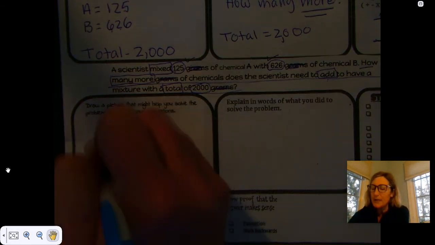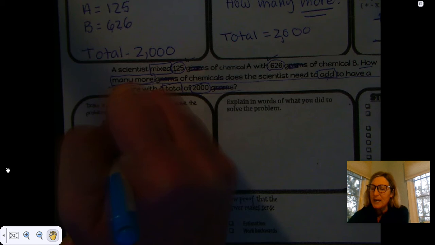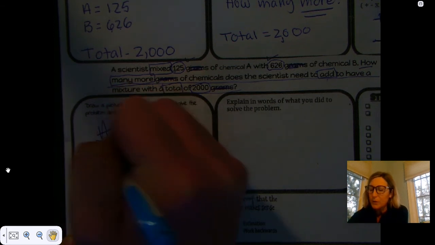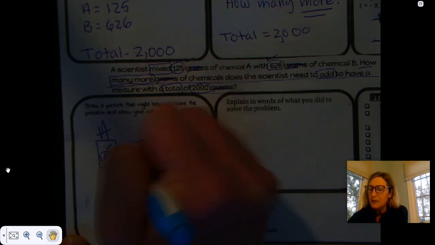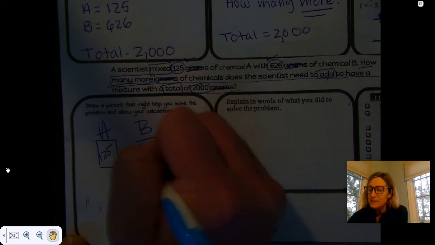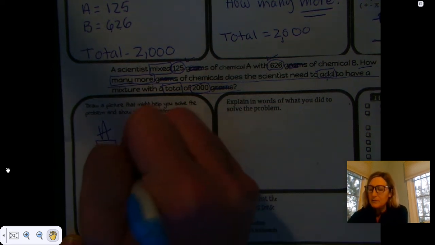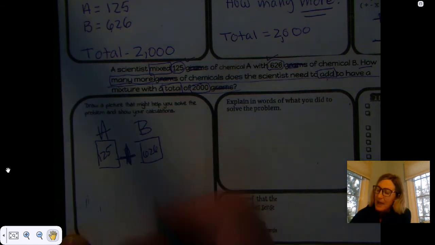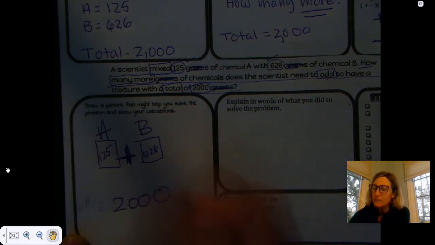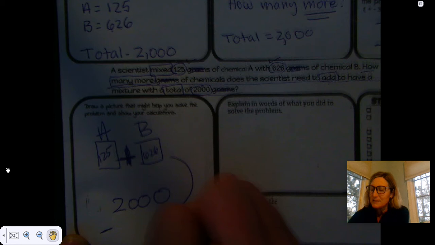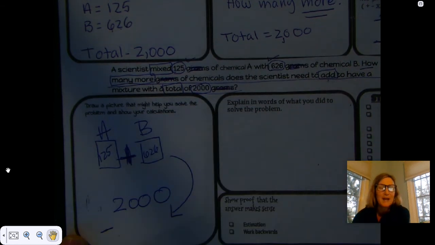Really I would just label it A, 125 grams, and B with 626. I know I have to add those together. And then I have my 2,000 here, and I'm going to subtract whatever I get from my 2,000, because I know they're asking me how many more I have to add.